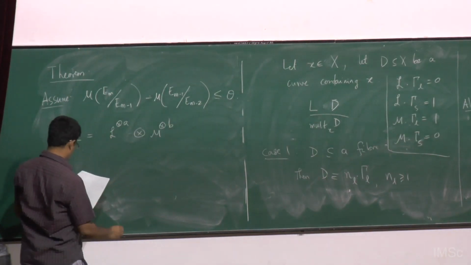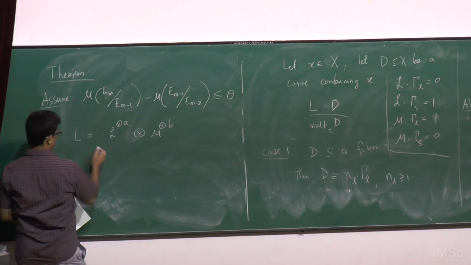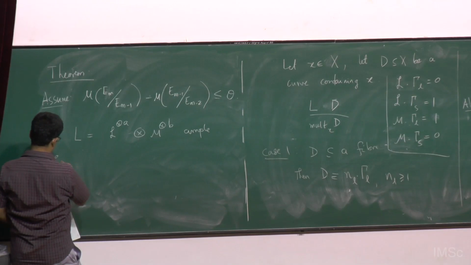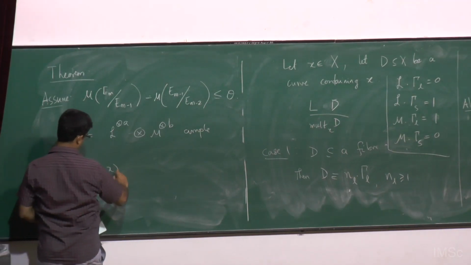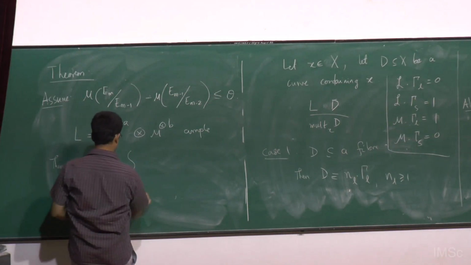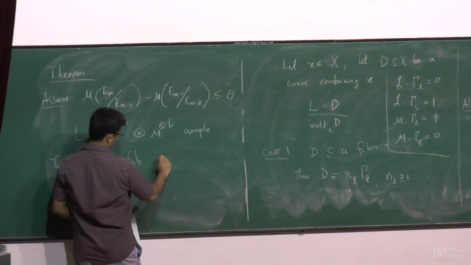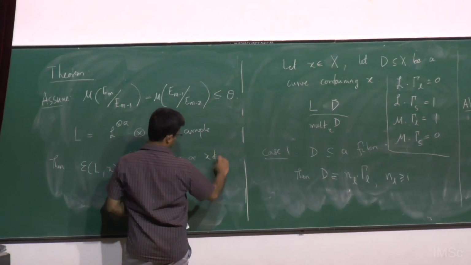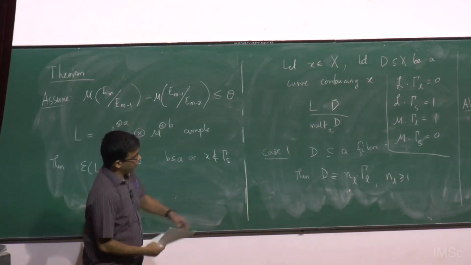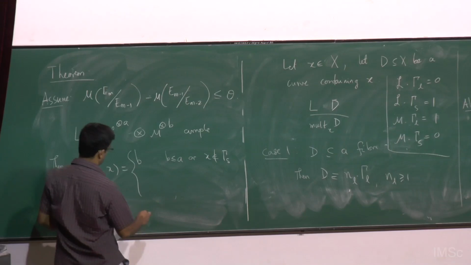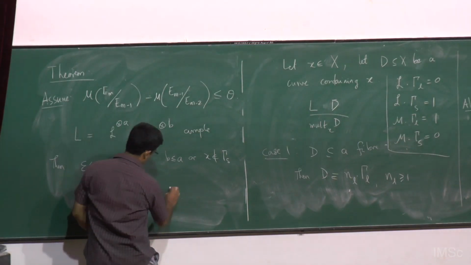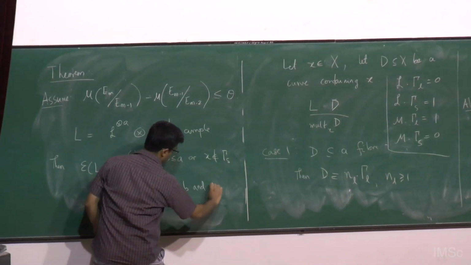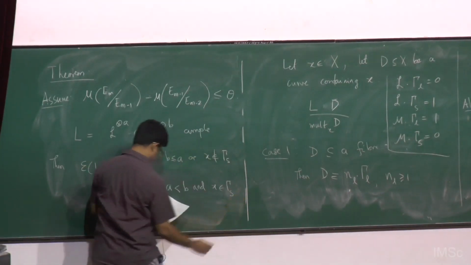L as above. So then L is ample. So the statement is the Seshadri constant of L at X is B if B is less than or equal to A, or X is not in gamma_S. Gamma_S being one of the curves that generates the cone of curves, or it is A if A is less than B and X belongs to gamma_S.